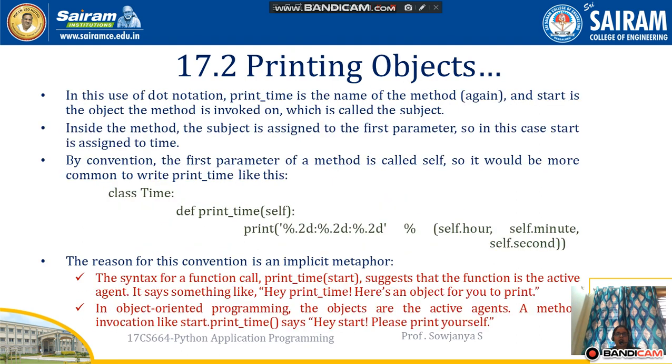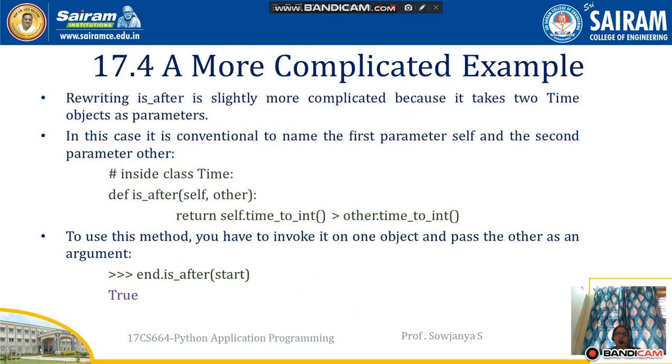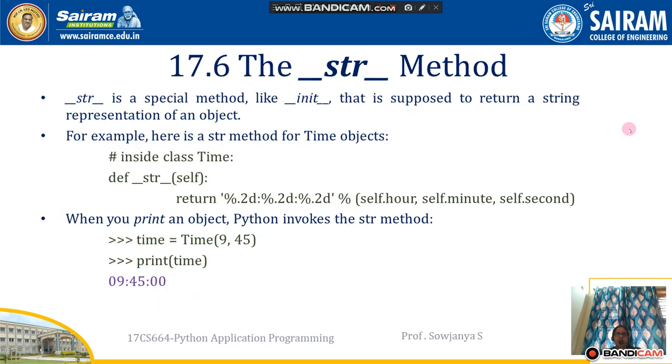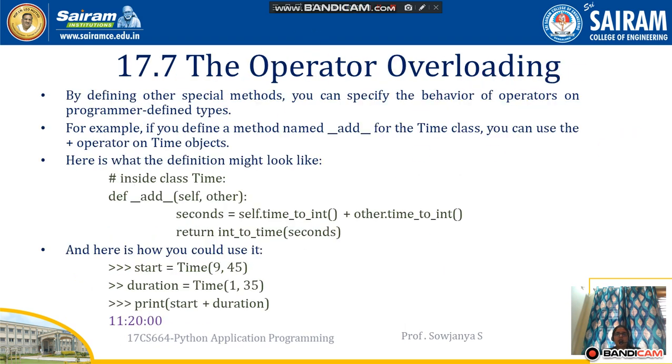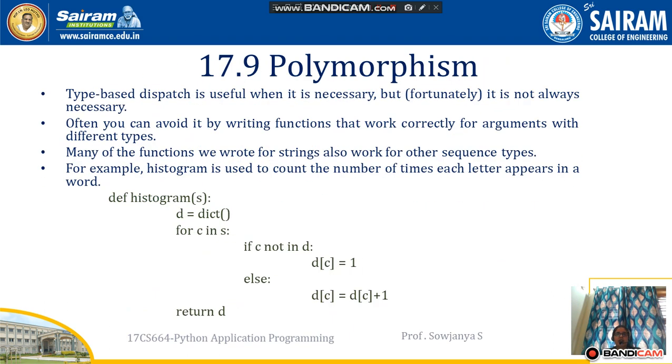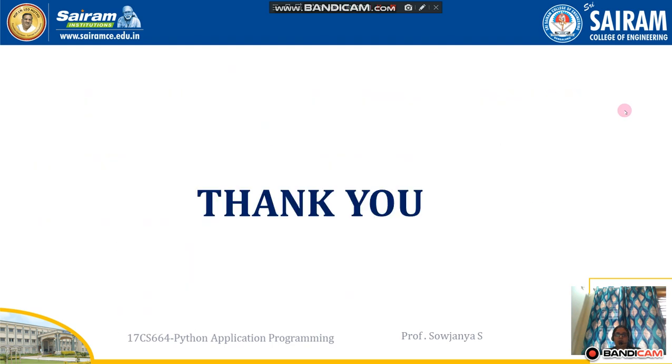Then we discussed a more complicated example, and the use of the init method and how it can be invoked in a Python program. Similarly we discussed the str method, then operator overloading, and then type-based dispatch and how we can implement it. We also discussed polymorphism and the benefit of using it. So this is all about classes and methods and how we use them in the Python programming language.